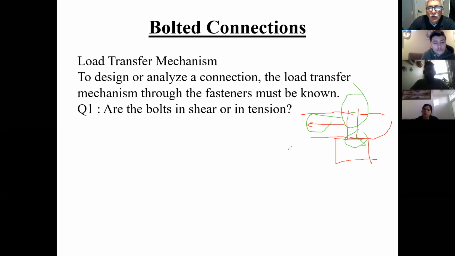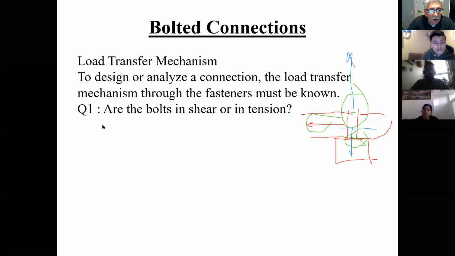Now, as opposed to, if all of a sudden the bolt is being pulled away, and therefore now it's in tension, and now the bolt has to use the tension resistance. Anyway, that's what you have to first consider: is the bolt having to resist the force in shear or in tension? Now, let me clear.